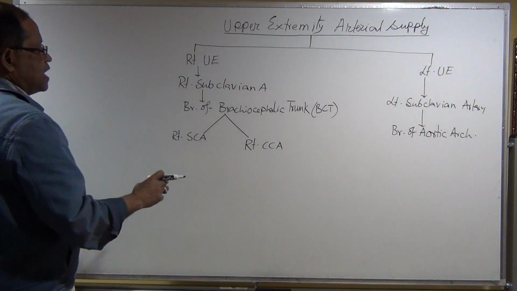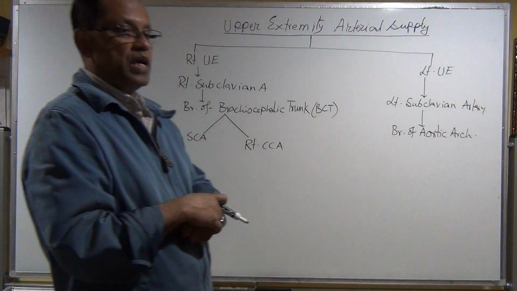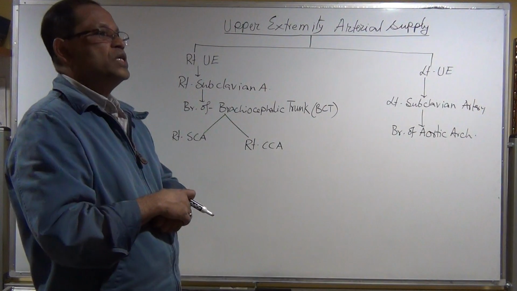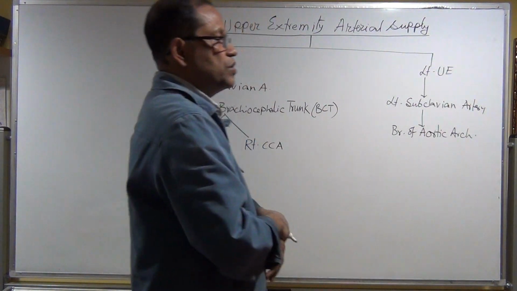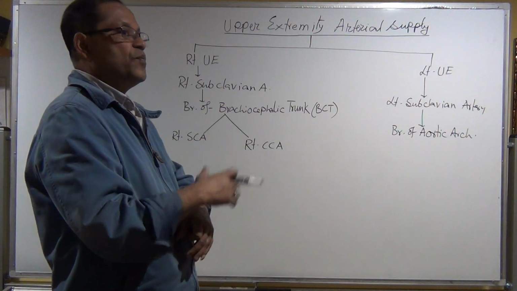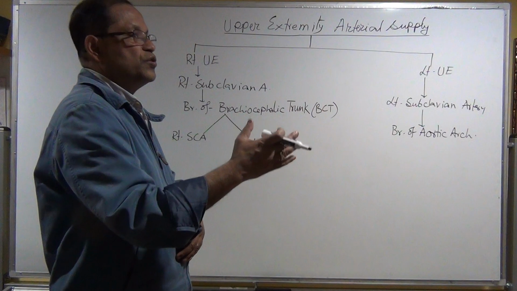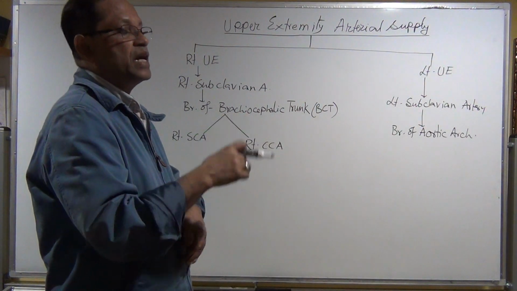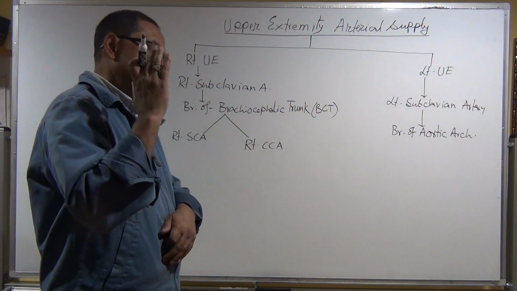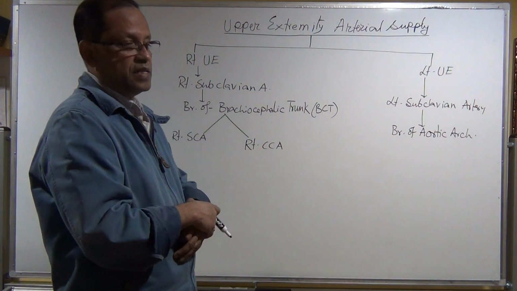For the right subclavian artery, we need to know what its branches are, what the name of the continuation is, and what the anatomical landmark for identifying it is. The continuation of the subclavian artery is the axillary artery, and the continuation of the axillary artery is the brachial artery.